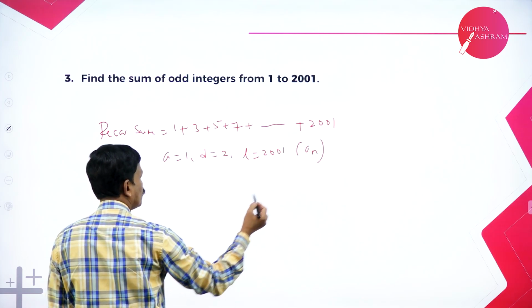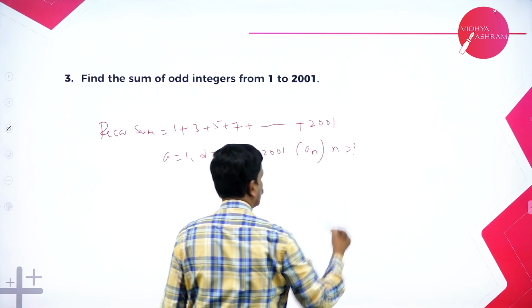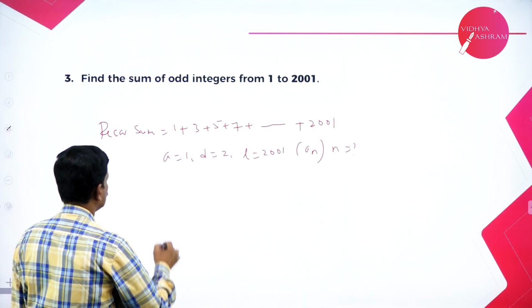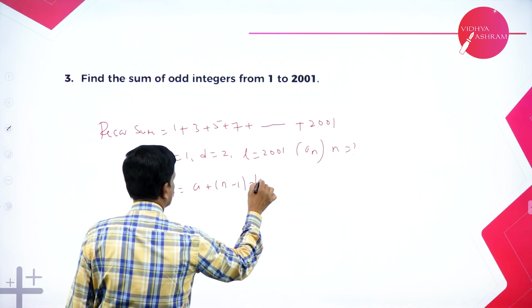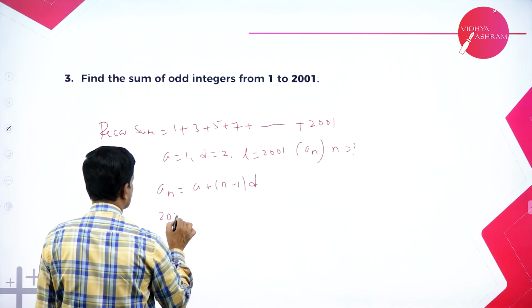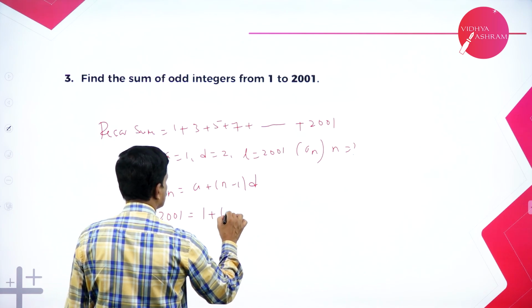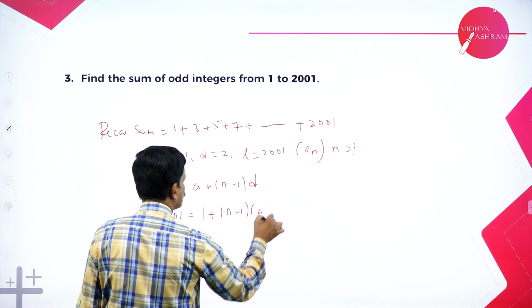Now find n. We don't know n; n is to be determined. Now an is equal to a plus n minus 1 into d, that is 2001 is equal to 1 plus n minus 1 into 2.